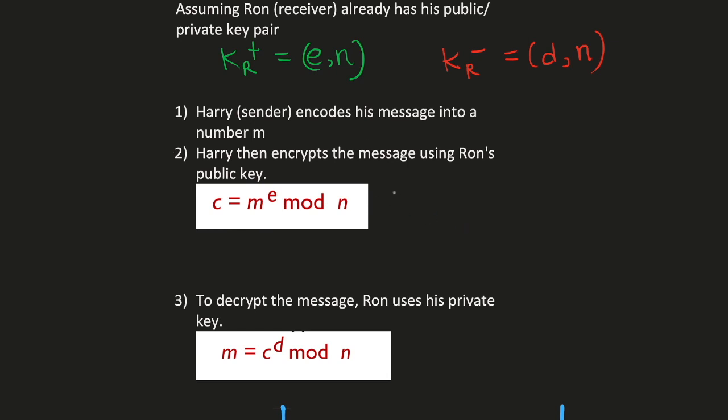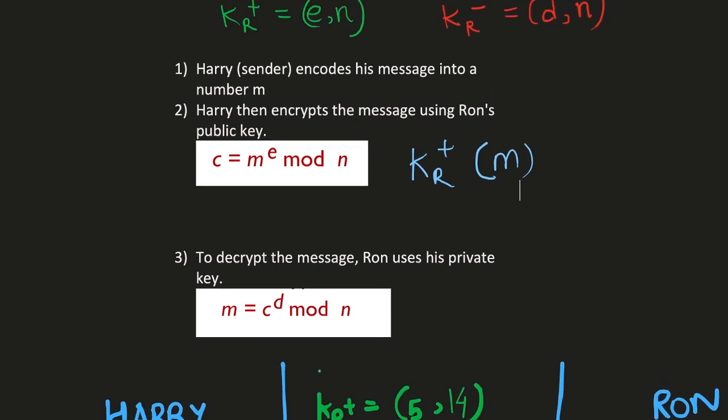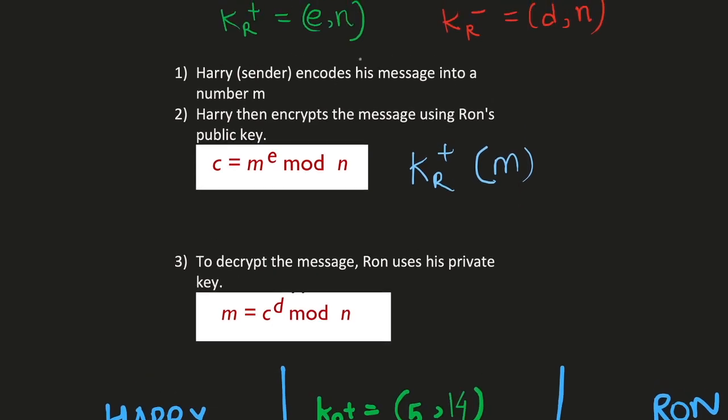Essentially, this is what we did when I meant KR plus of m. This is m raised to the power e, and this is my ciphertext. We send the ciphertext to Ron, and Ron now uses his private key. He uses d, raises the ciphertext to the power d, and takes mod n.